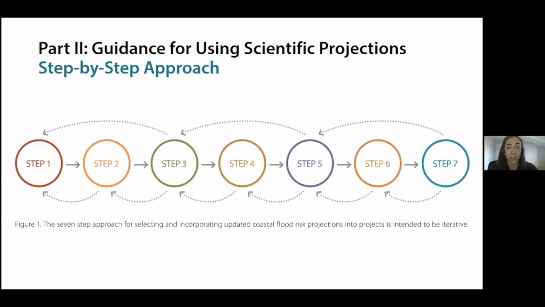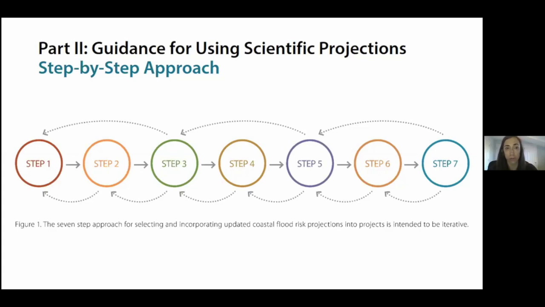As mentioned earlier, this guidance is really just a voluntary framework to help you think about how to use the science. But if you have a different way to do it, whether that means skipping a step that may not apply to your particular project or employing a more sophisticated methodology to assess coastal flood risk, again, please feel free to do so.